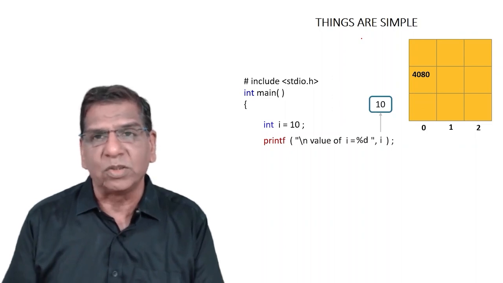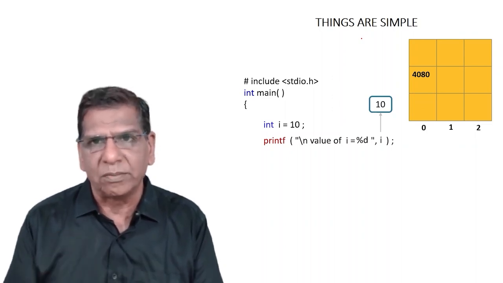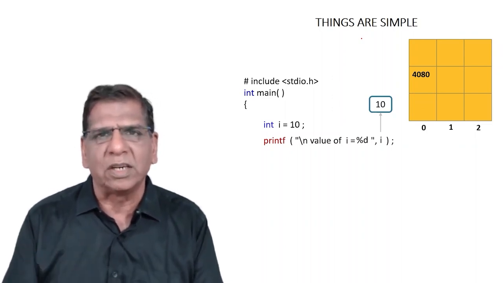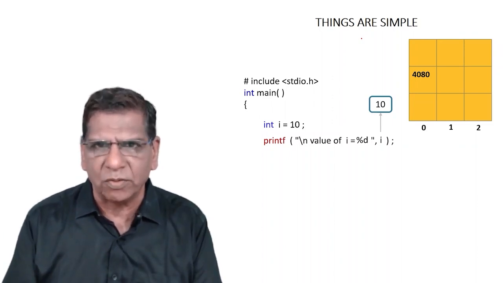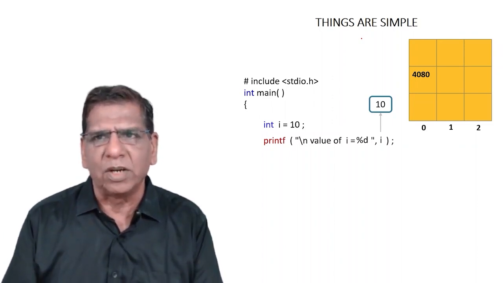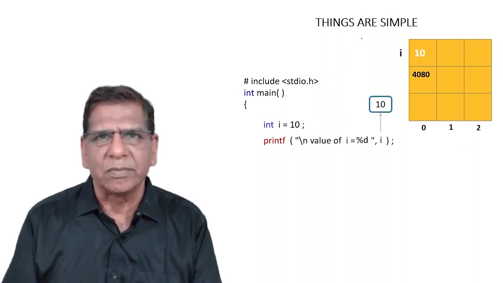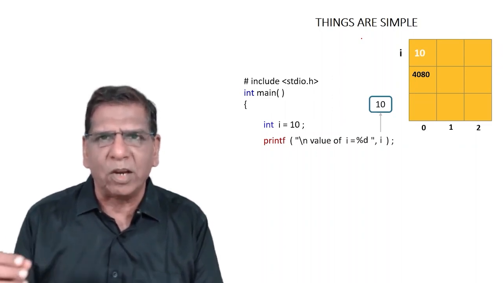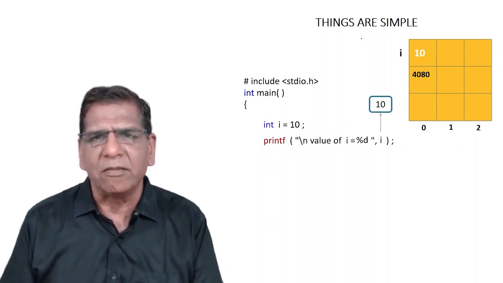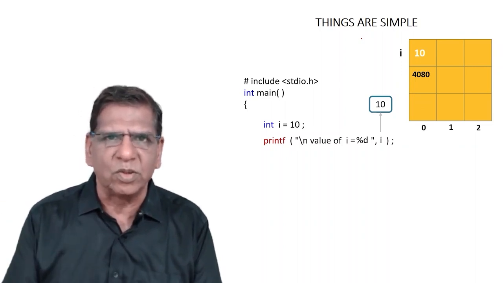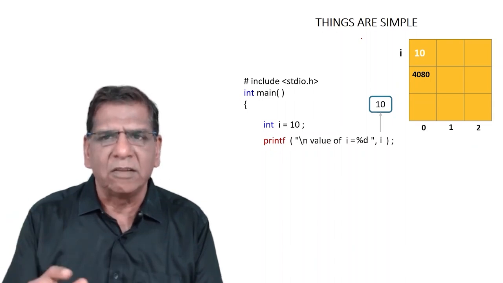Which one will get chosen? Over that we have no control. But assuming that location number 4080 gets chosen for i, the value 10 would get stored in it and the name i will be given to that location. So when I say print value of i using %d, the value stored under location 4080, that is 10, will get printed out.